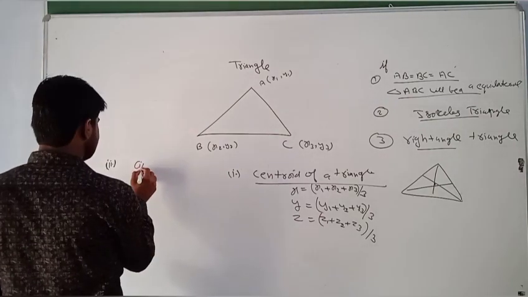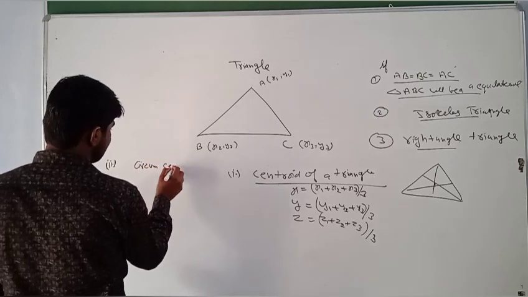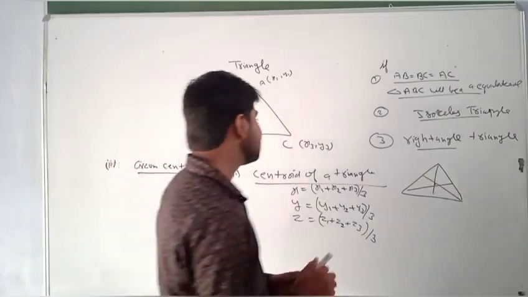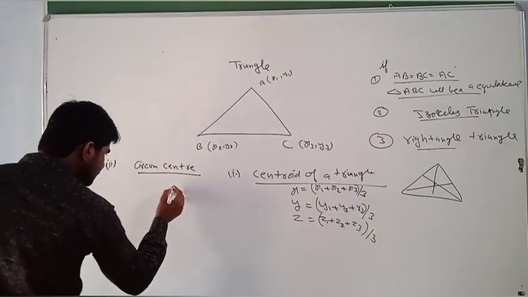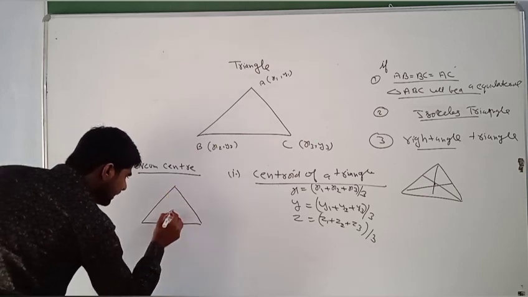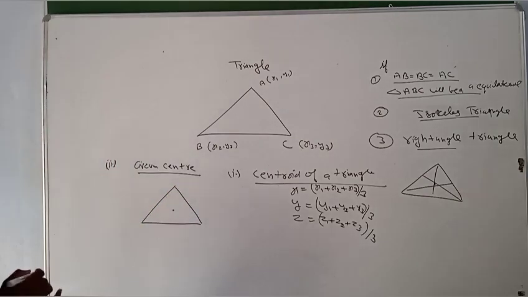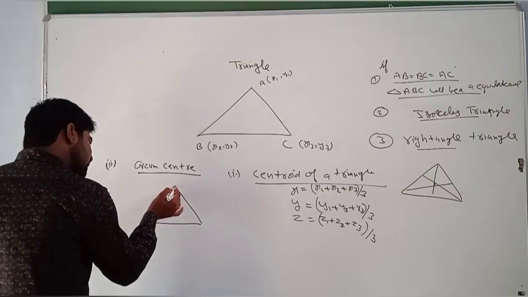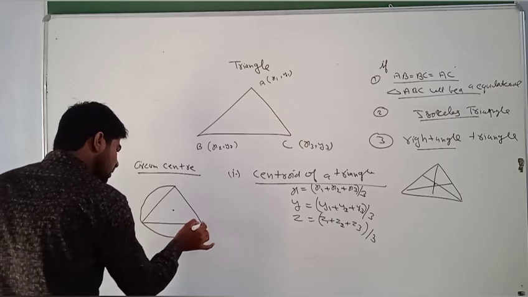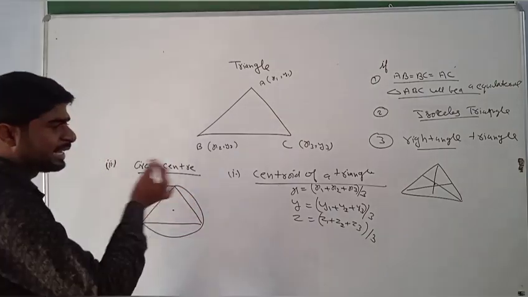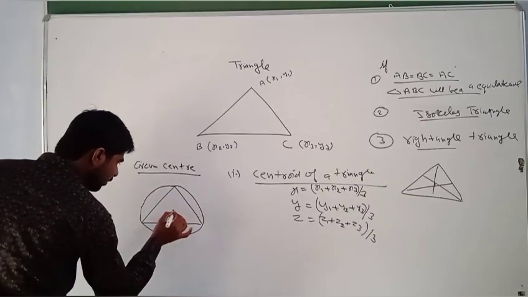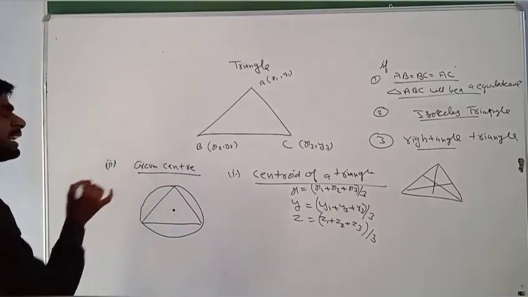Circumcenter. Okay, so what is the circumcenter? We know that there is a triangle, and there will be a point such that when we make a circle outside the triangle, the center of that circle is called the circumcenter.